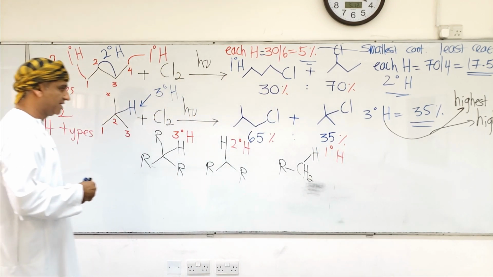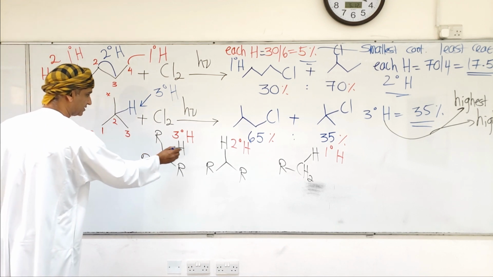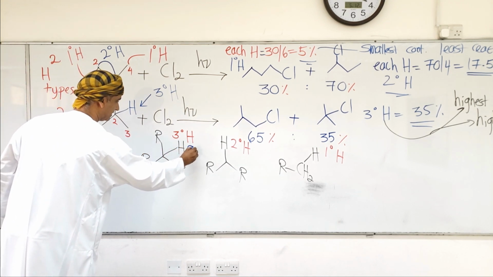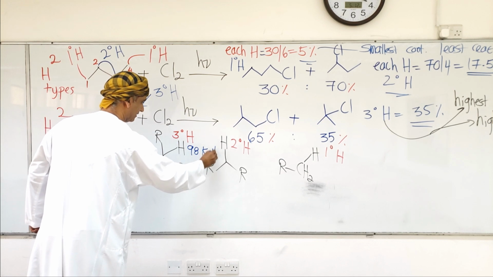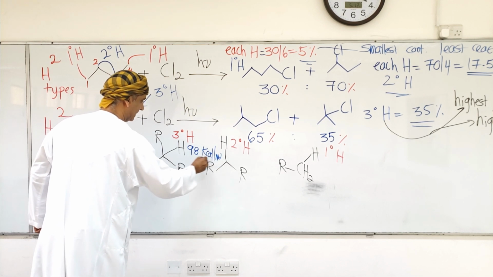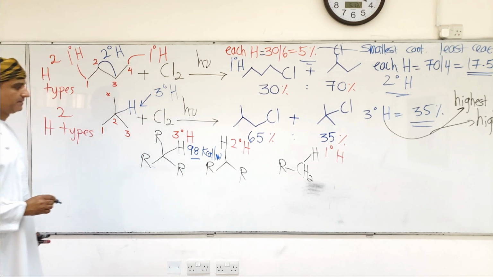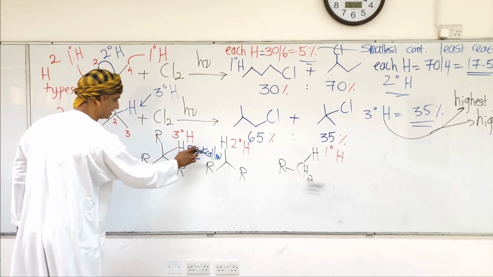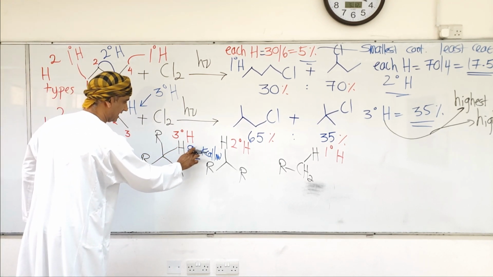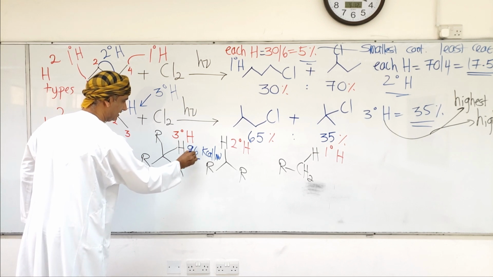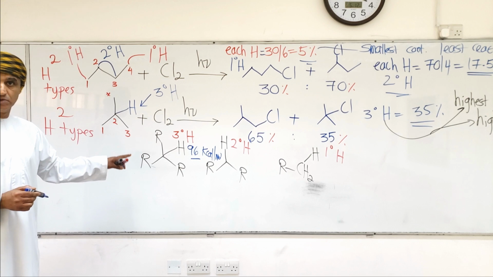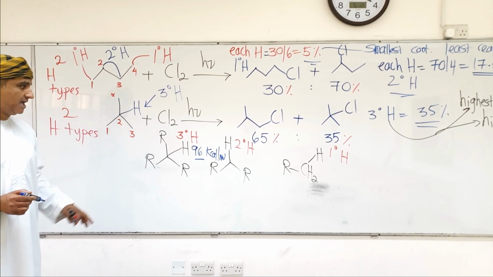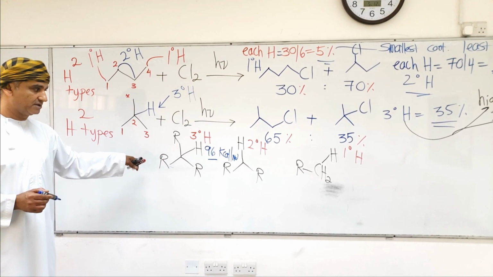The bond dissociation energy for the tertiary hydrogen is 98 kilocal per mole. Actually, 96 kilocal per mole. 96 kilocal per mole is the bond dissociation energy of that tertiary hydrogen in this general structure.